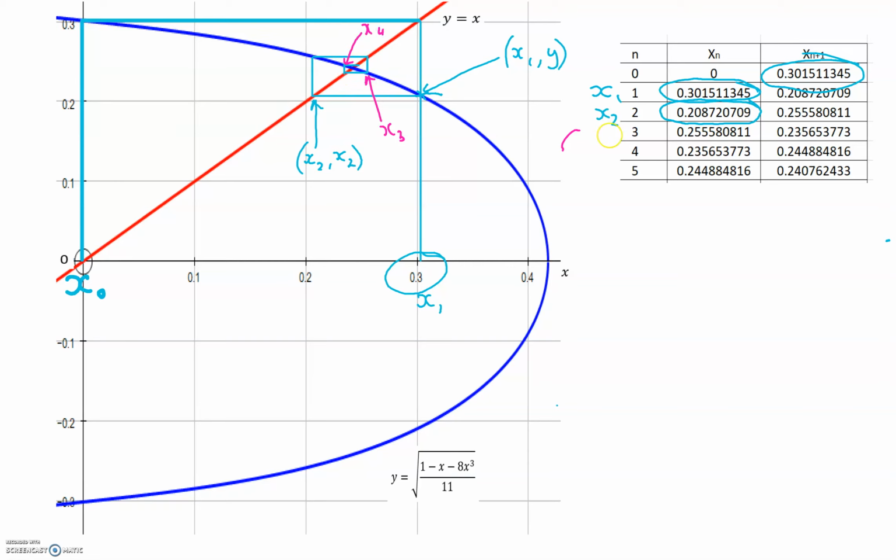You can see from our table that x3 is slightly higher than our root, whereas x4 is slightly lower than our root. And then the same process would keep going as we move around and around the root, getting successively closer and closer and closer.